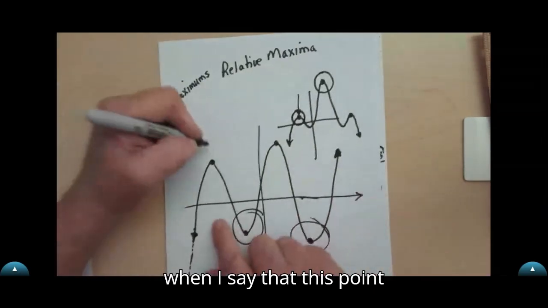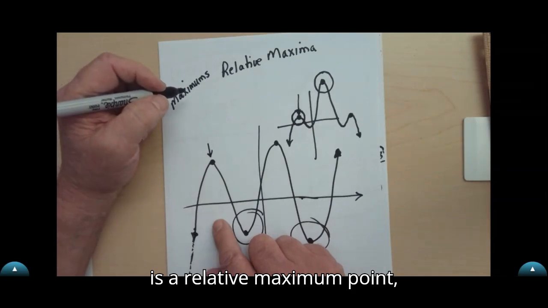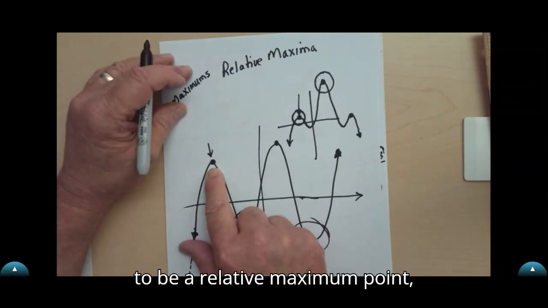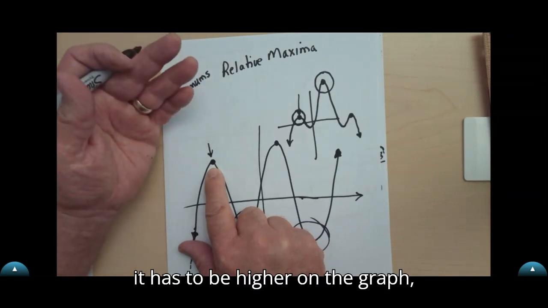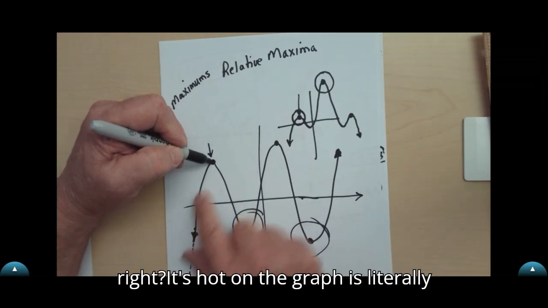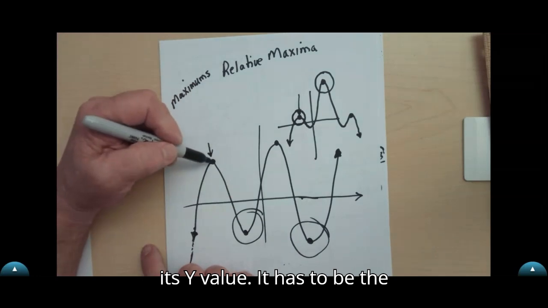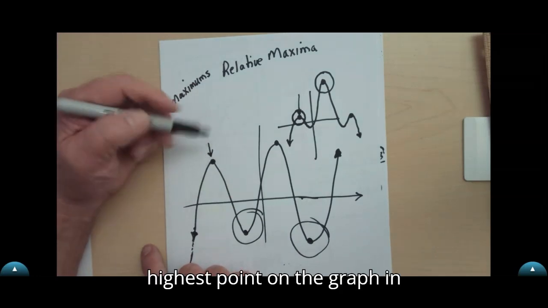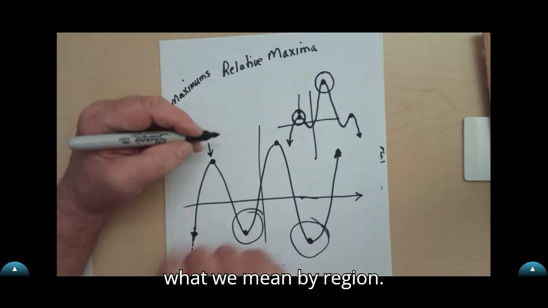To be a relative maximum point, it has to be higher on the graph. In other words, have a bigger y value, right? Its height on the graph is literally its y value. It has to be the highest point on the graph in a region around this point. And here's what we mean by region.